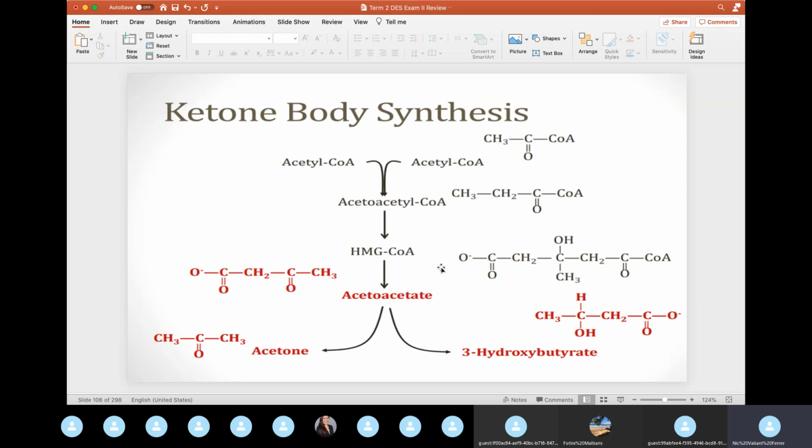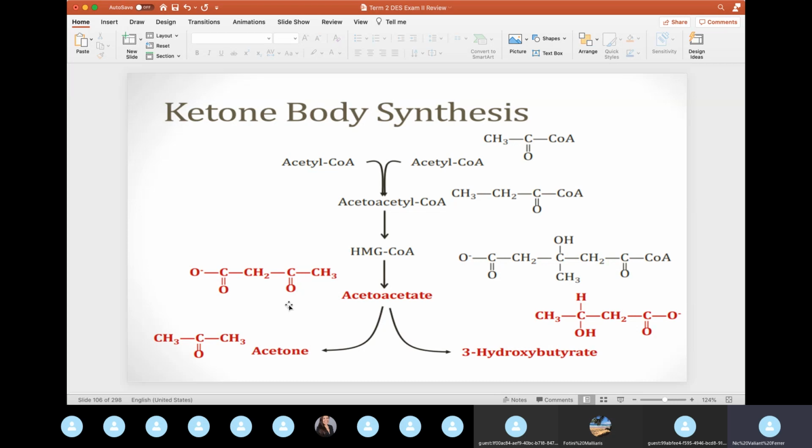You are reducing de novo cholesterol synthesis. Because remember, even though you're not eating egg yolks, your body can synthesize cholesterol. So the end point here is acetone and 3-hydroxybutyrate.